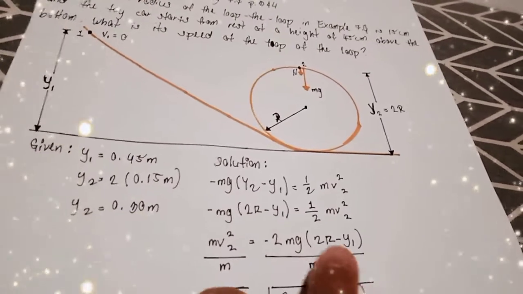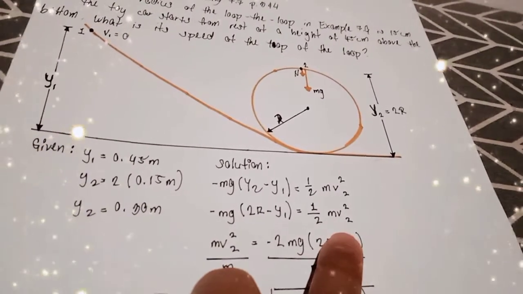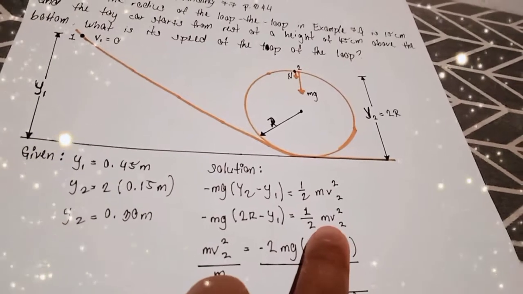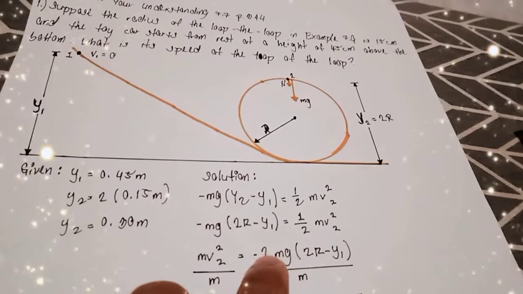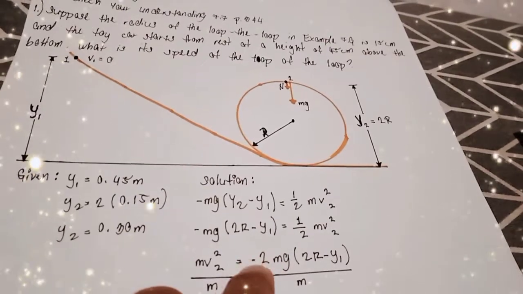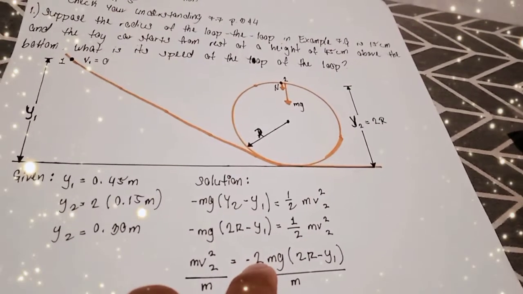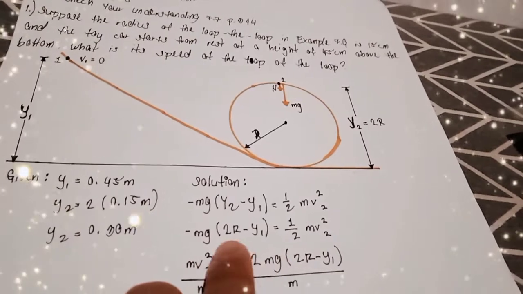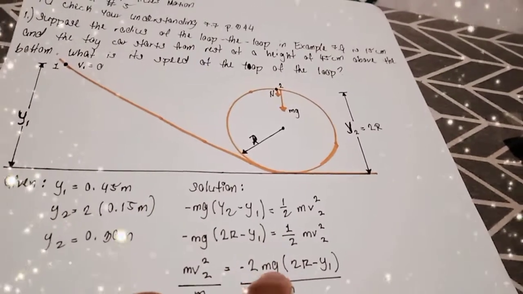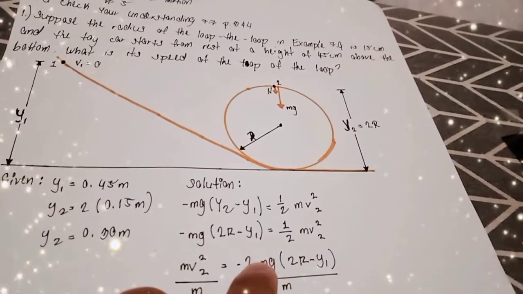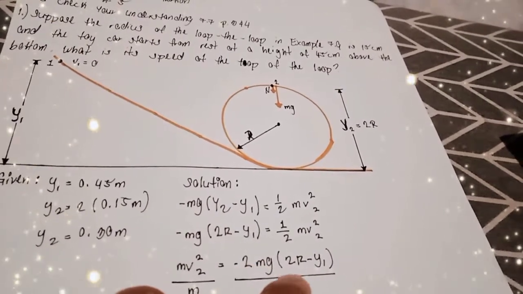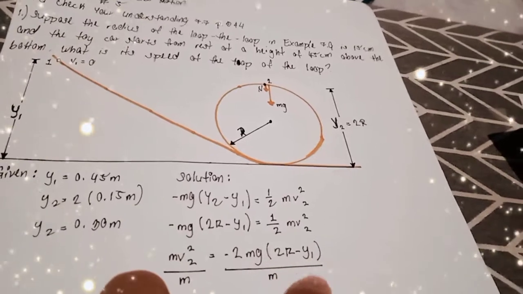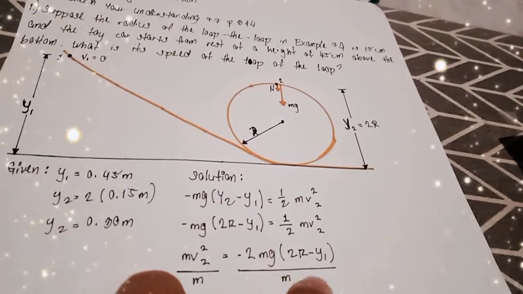Then we transpose the m v square sub 2 over m, which is equal to negative 2mg. Substitute, move the 2 first. So 2mg times the quantity 2r minus y sub 1 over m.